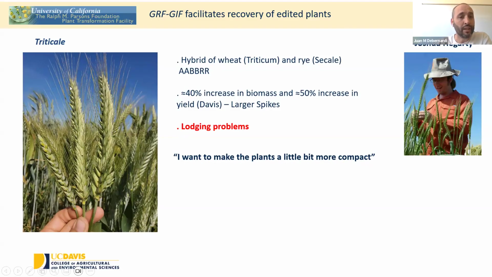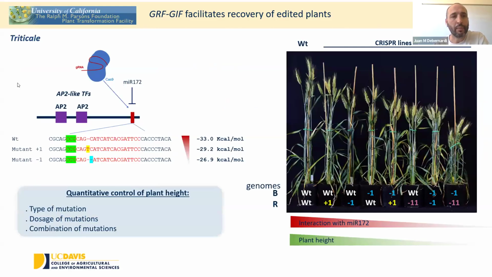So Josh wanted to make the plant more compact. With the technology that we have, we were able to transform triticale to edit a particular gene that allows us to control plant height very precisely.